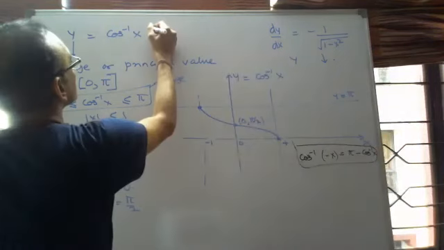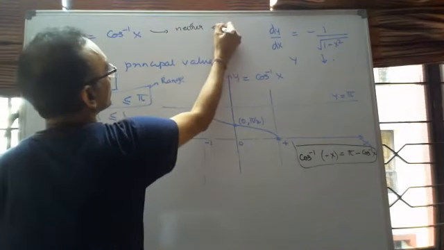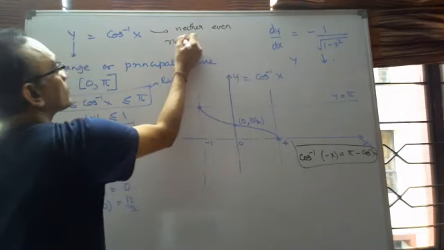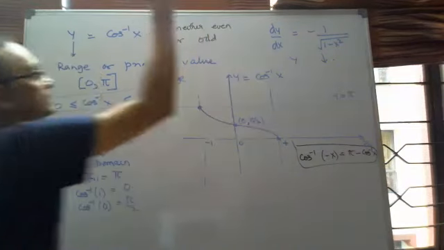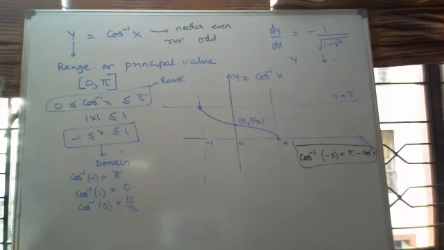Cos inverse x is neither even nor odd. Cos inverse minus x is pi minus cos inverse x.